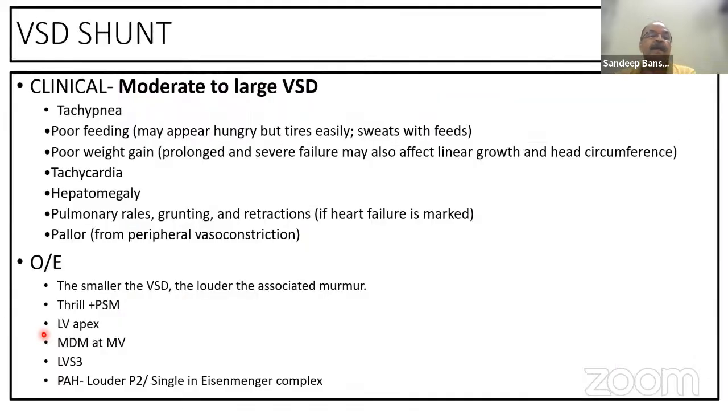Now, shifting gears to ventricular septal defect, we need to understand that clinically, a moderate to large VSD is almost always symptomatic. A very small VSD may not be symptomatic.